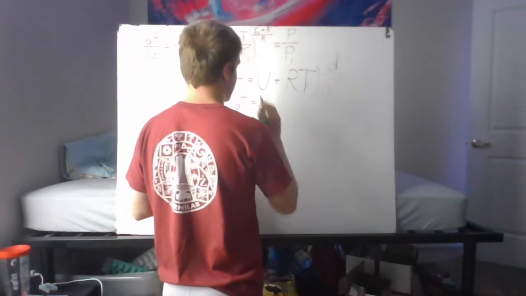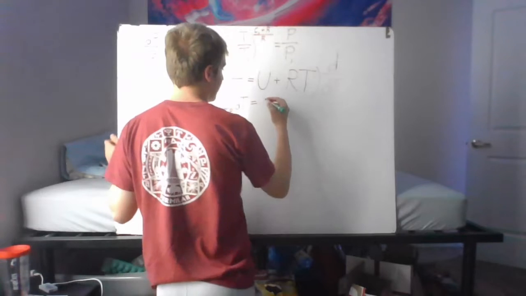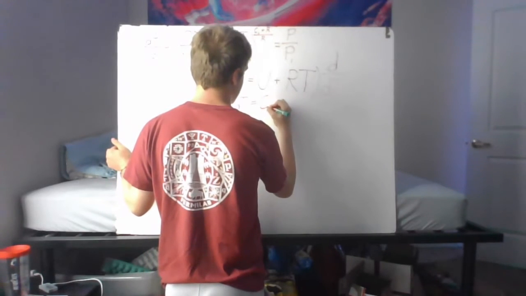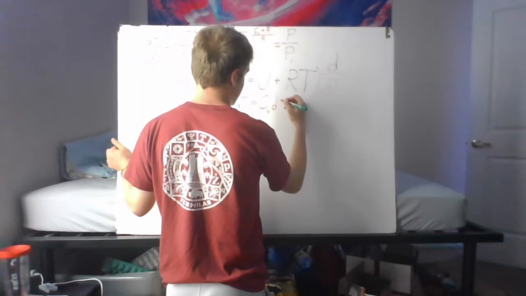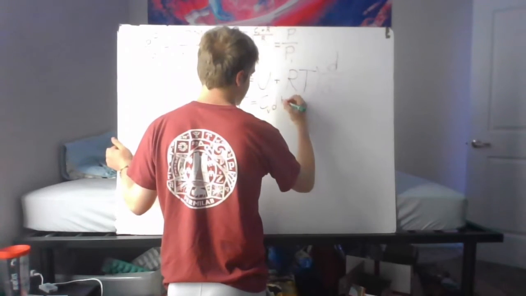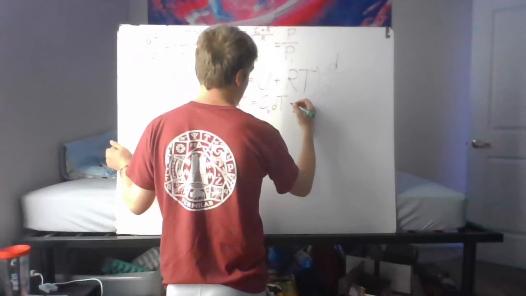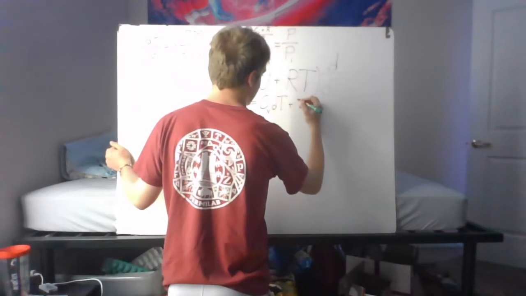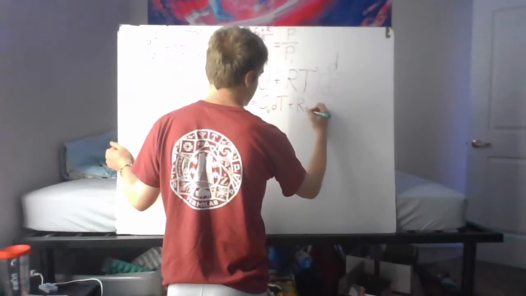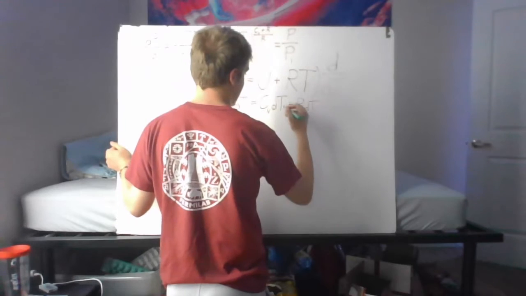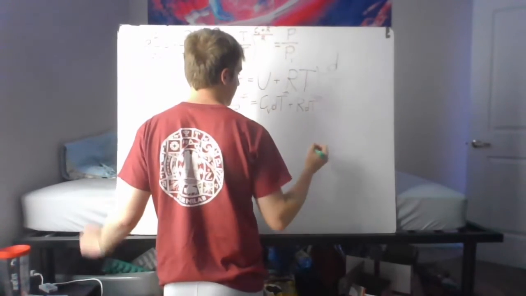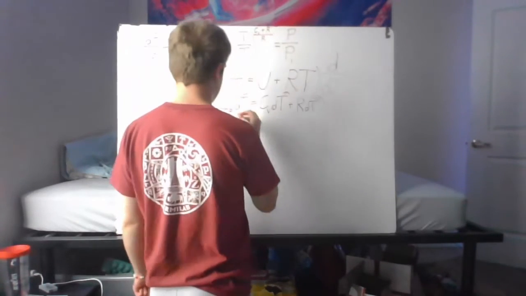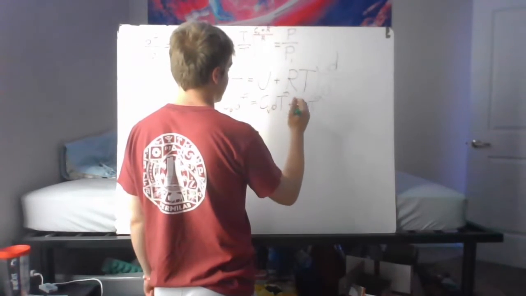And then the internal energy, again, will be the specific heat capacity at a constant volume times the derivative of temperature dT, and then plus our R dT. And as you can notice, these dT's will all cancel, and we will be left with Cp equals Cv plus R.